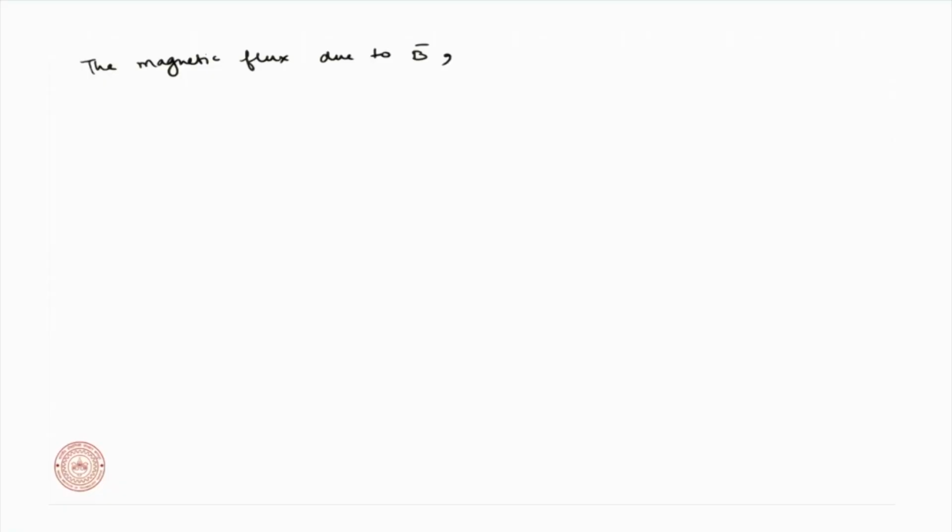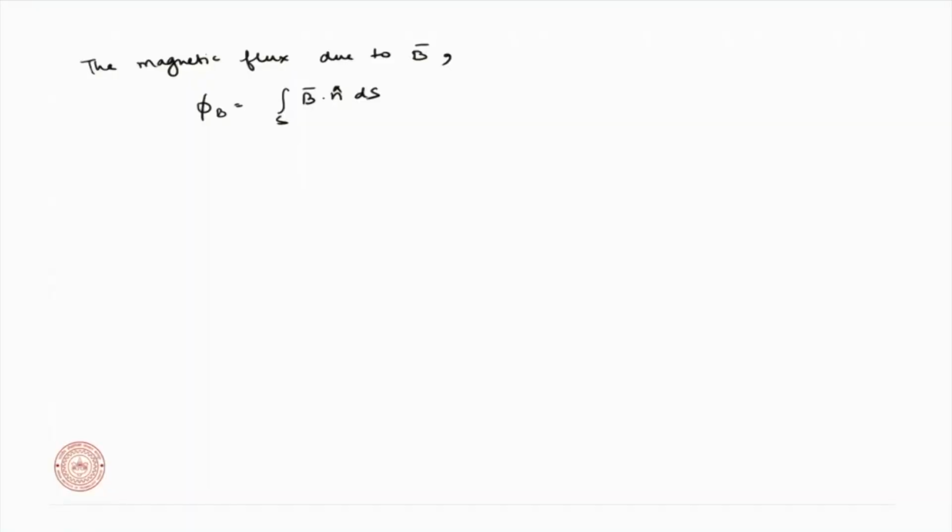Right. So, in the same way, phi B is equal to integration of B vector dot n cap into ds over a given surface. So, we have a surface, how much of the magnetic field lines are flowing through it, that is your magnetic flux. In this case, this is equal to B into h into x for our case.